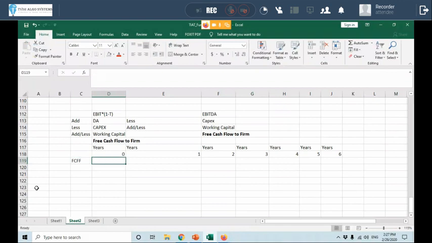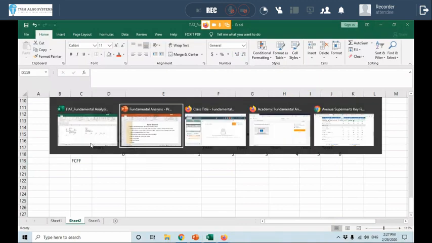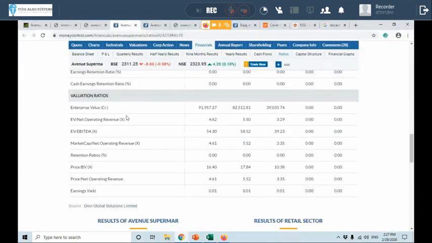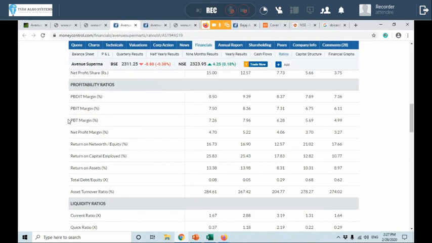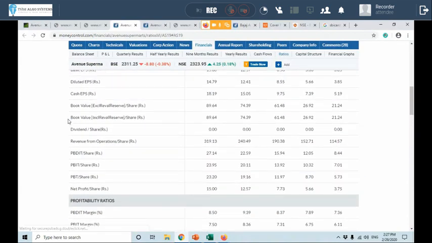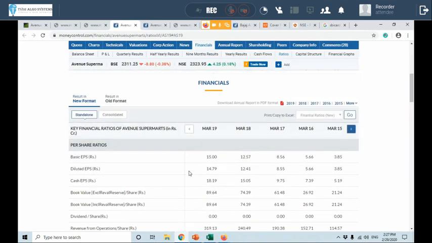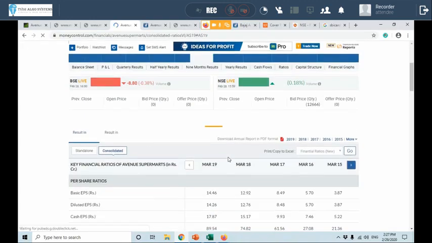Now let's see what is the FCFF for our companies. Let's look at DMart only right now. What is my EBIT? They have given it per share, not in total value.